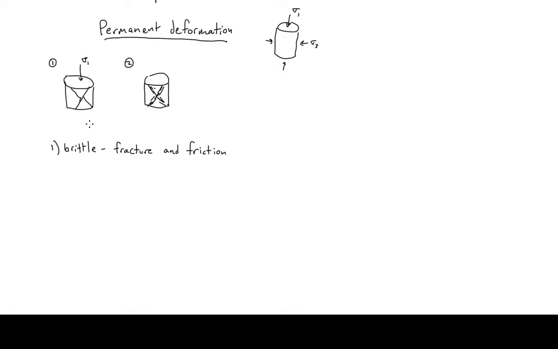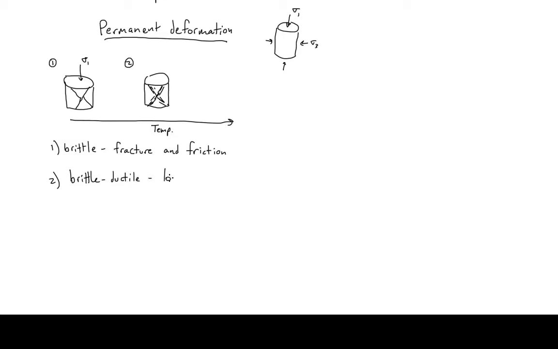Here we get a similar sort of geometry, but a more spread out kind of deformation. In our 3 cases here, we're increasing temperature to the right. So this is what happens when things are a little bit warmer. We call this brittle-ductile.